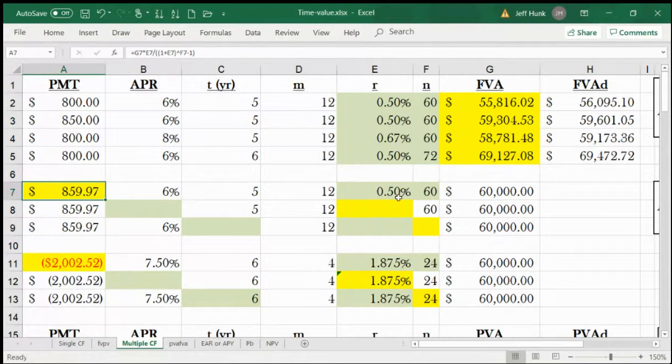So if you're solving for R, unfortunately in annuity or in multiple cash flow models, there is no single unique mathematical formula to arrive at rate. Okay, so what do we do? We'll have to use Excel's built-in function, right?